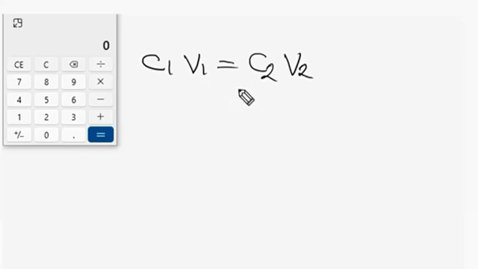So guys, making use of this, our C1 is already given here to be the first concentration, which is 2.0 mole per dm cube.